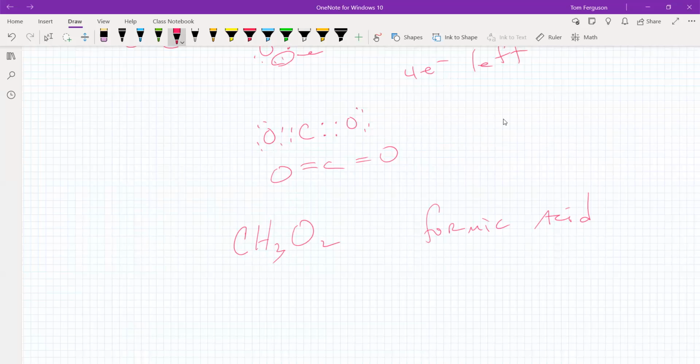Let me tell you a story about formic acid. This was discovered in an interesting way. There was a chemist, and his son was very deviant.